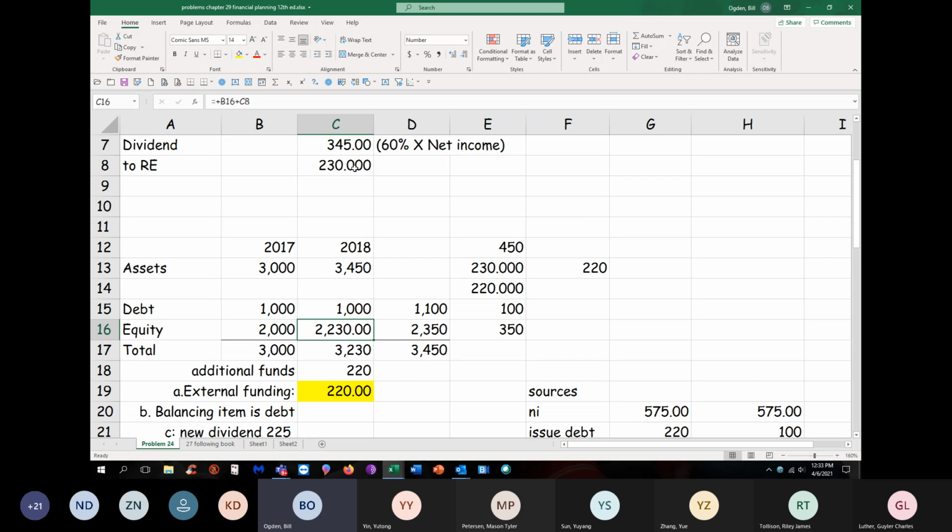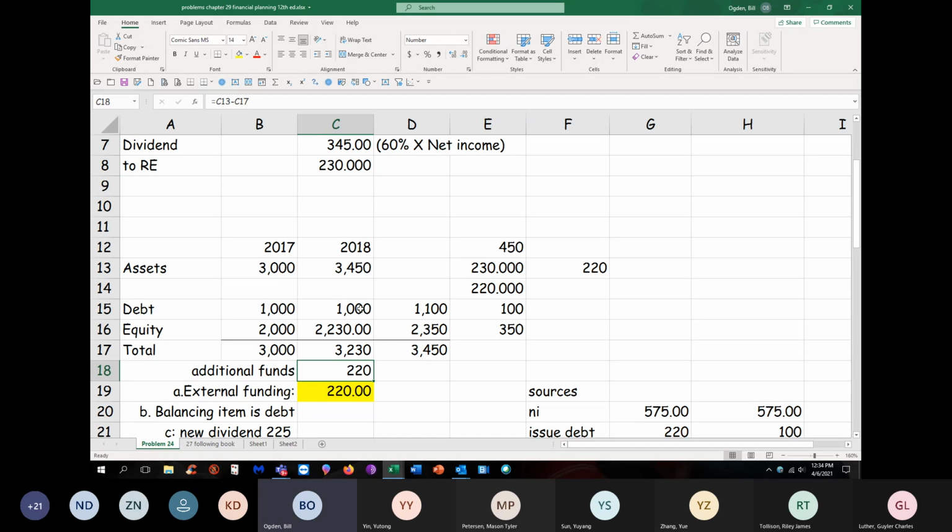I had the 230, and that gave me total capital of 3230. I had assets of 3450. The external funding requirement for additional funds would be 220. All right, and the balancing item is debt.